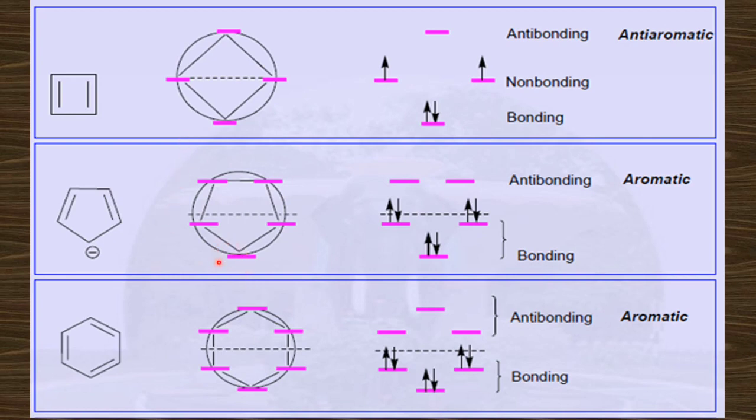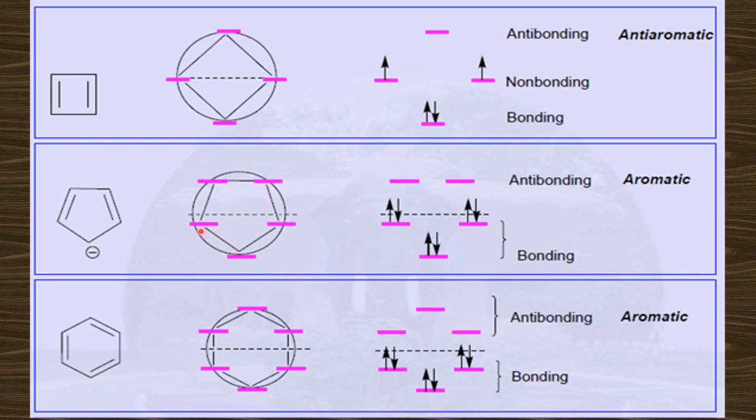So this is the bottommost molecular orbital with the lowest energy. These are the topmost molecular orbitals with the highest energy.